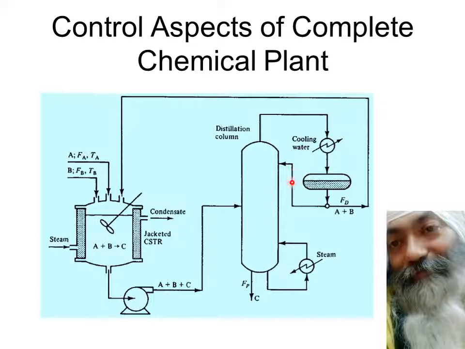Reflux means this upper part is containing A plus B. Then this A plus B is going back to this distillate, and this is going down into this portion and coming back from here to increase the Fp. Otherwise, if this becomes 93% or 92%, we will rather reduce the amount of Fp to increase the purity, and we will reduce the reflux.